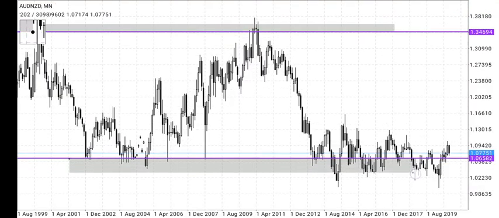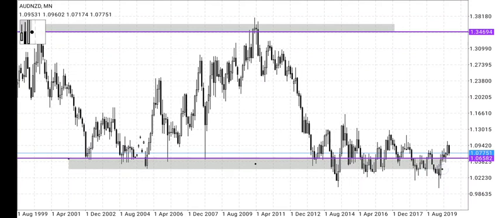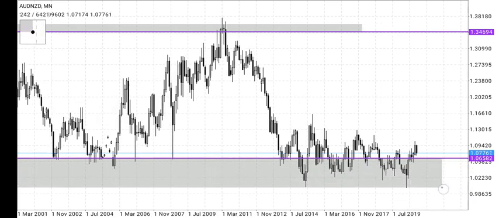and for support I'm also doing the same thing. This is not really important, but let's just do that. Okay, you can see price got to this level.